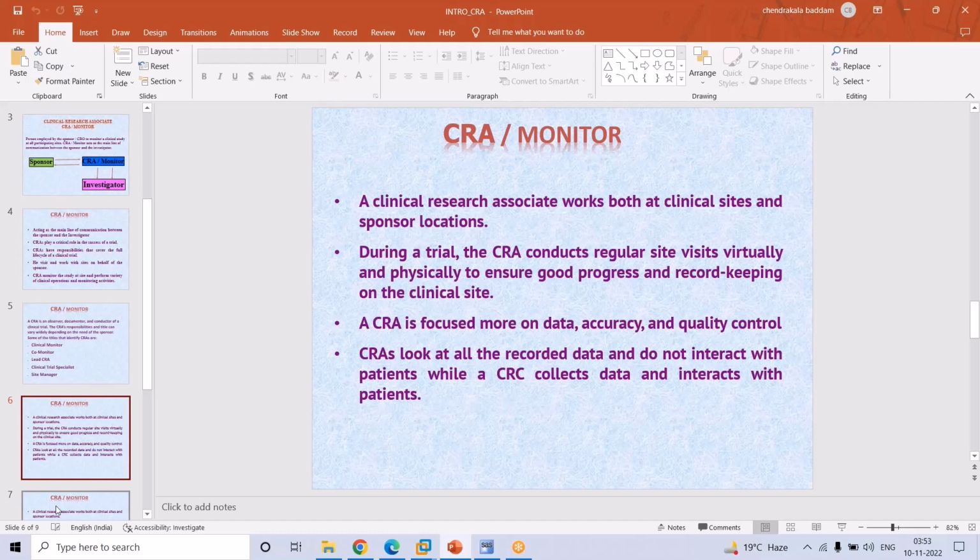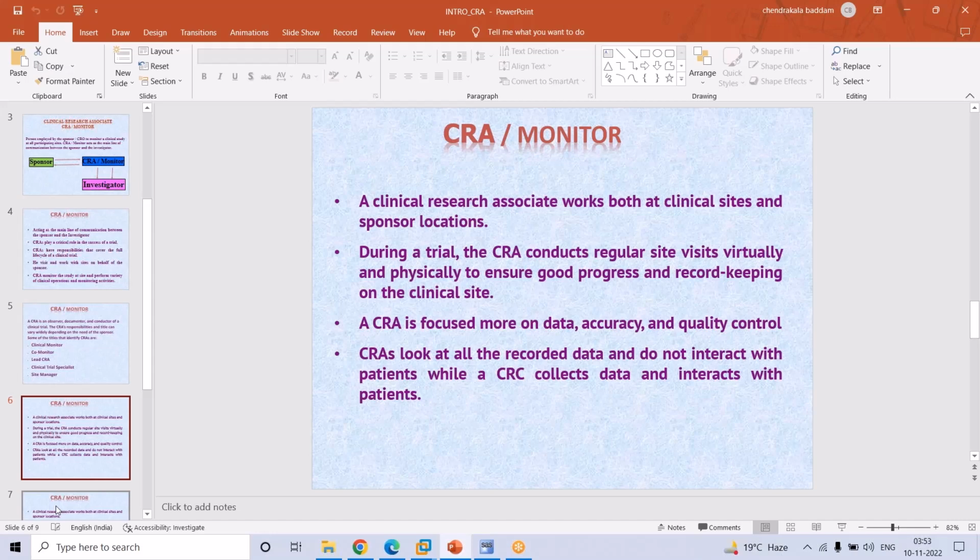So clinical research associate works both at the clinical site and the sponsor location. During the clinical trial, CRA conducts regular site visits, virtually, physically. So nowadays, all electronic documents.